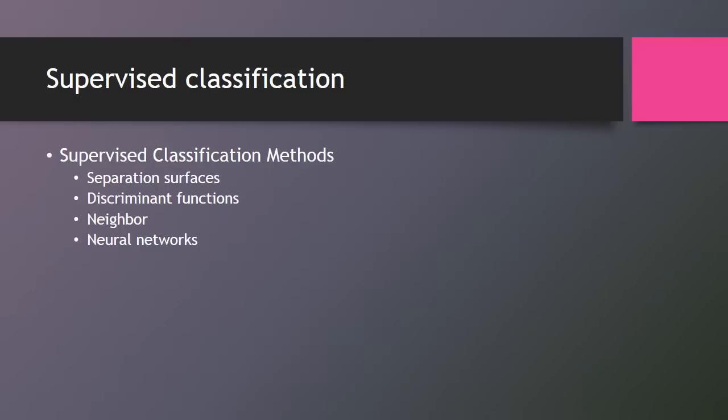The supervised classification methods are the separation of surfaces, where objects are represented in a set of Rn and surfaces separate the classes.